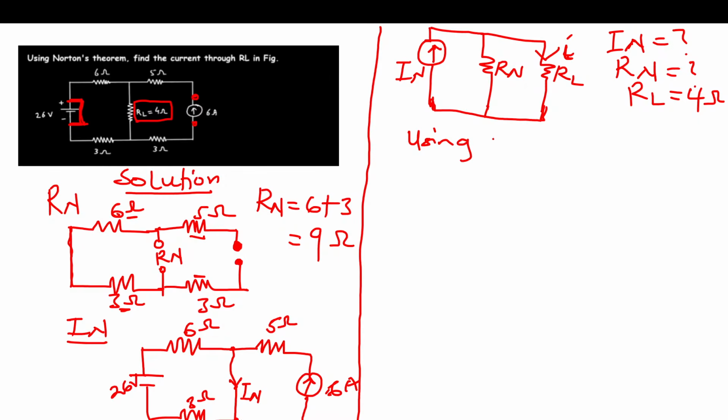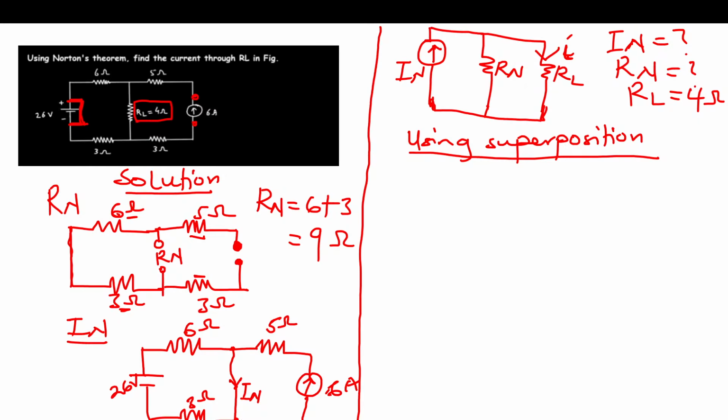So using superposition. Now superposition theorem states that anytime you have multiple sources inside a circuit, you can make each one of them act alone and find the currents passing through that branch separately. After you're done, you add them. So in this case, let's make the 26V act alone first.